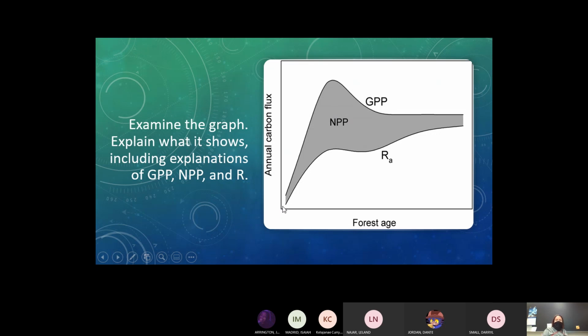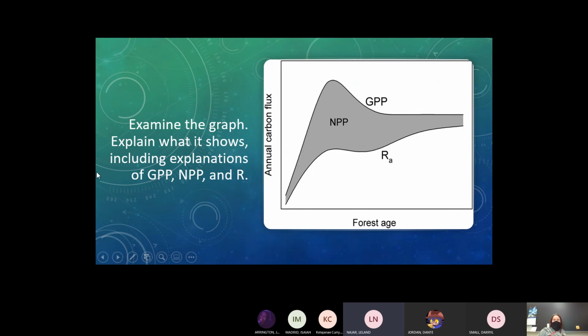Now what happens as a tree gets older? It releases carbon dioxide whether it's young or old. As far as productivity and carbon flux, the processes can slow down.